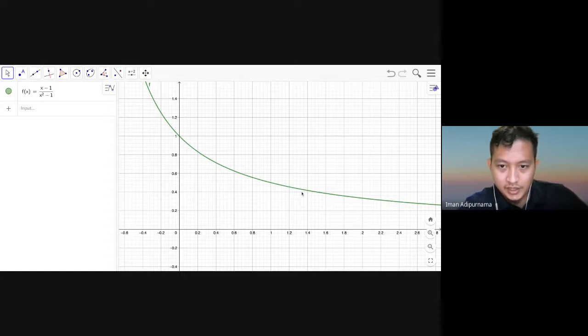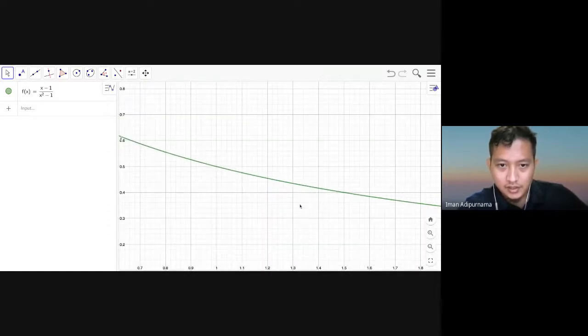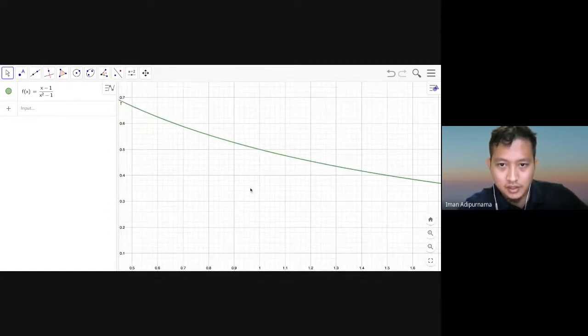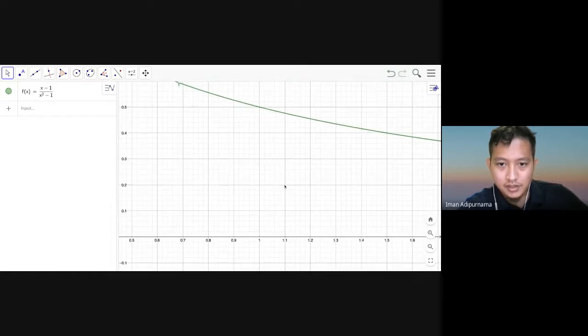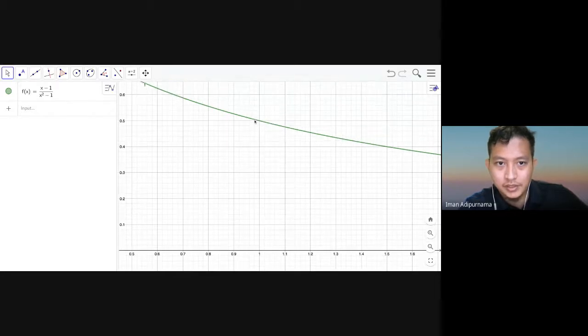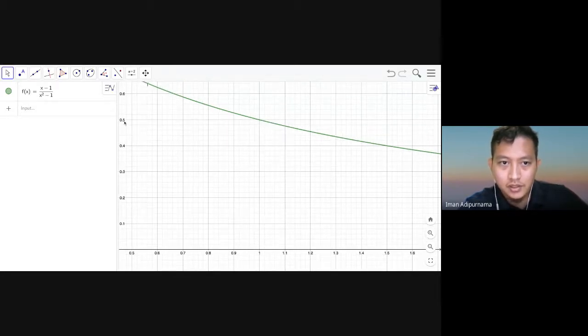But let's check here. Let's go into this point 1 and see what the number 1 is assigned for in this function. It's assigned 0.5, half, right?